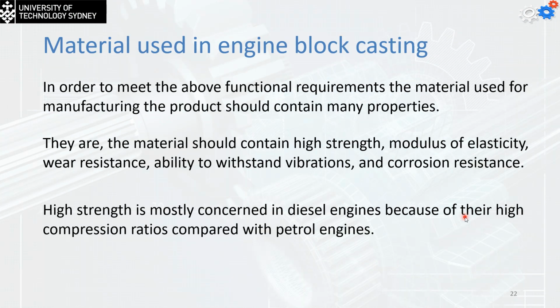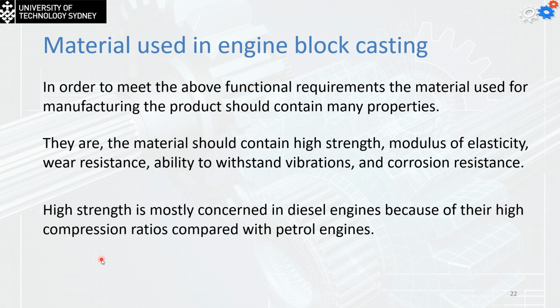Now, the materials used in engine block casting: in order to meet the requirements, the material used in the manufacturing of the product should have many properties. The material should have high strength, good modulus of elasticity, very good wear resistance, the ability to withstand the vibration, and corrosion resistance.